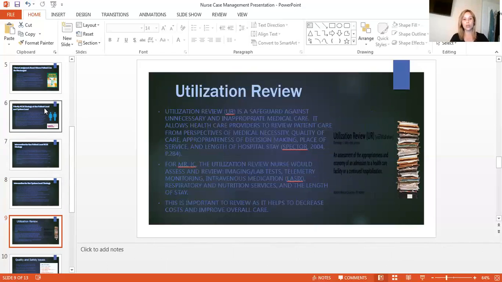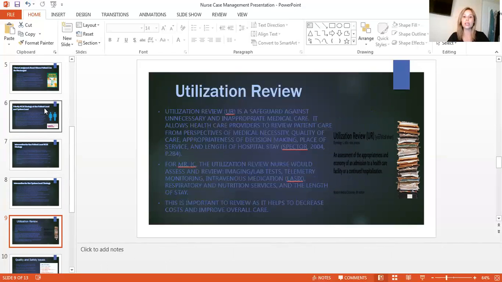So utilization review is a safeguard against unnecessary and inappropriate medical care. It allows healthcare providers to review patient care from perspectives of medical necessity, quality of care, appropriateness of decision-making, place of service, and length of hospital stay.